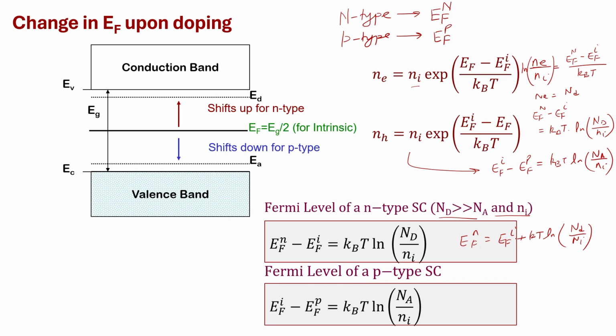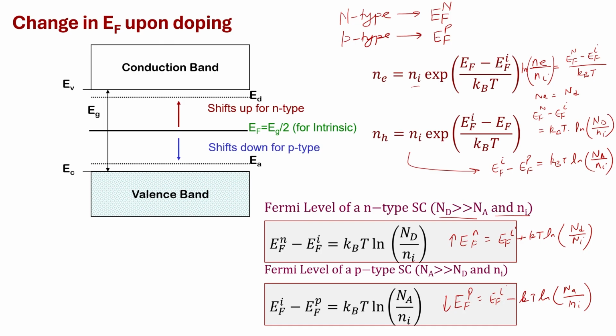So, it goes up. Here EFp will be equal to EFi minus kT ln Na over Ni, which means it goes down with respect to the mid gap position.